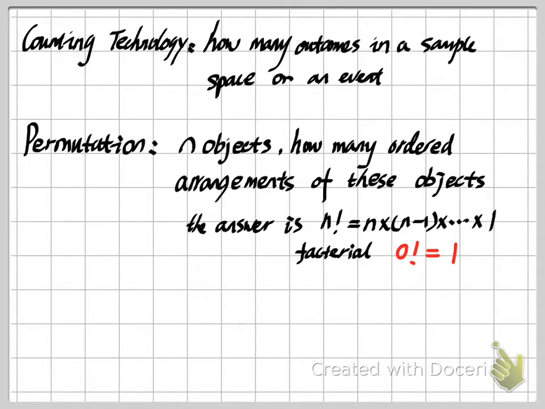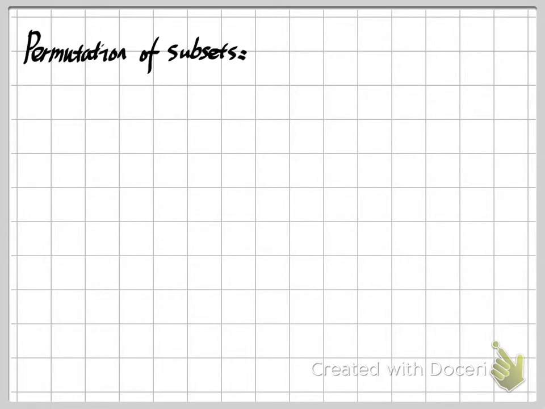Okay, so this is permutation. And also we have a topic of the permutation of subsets. So what is a permutation of subsets? Of course, when we say subsets, it means we want to find something of the total set. The total set has n objects and we select a subset of them.